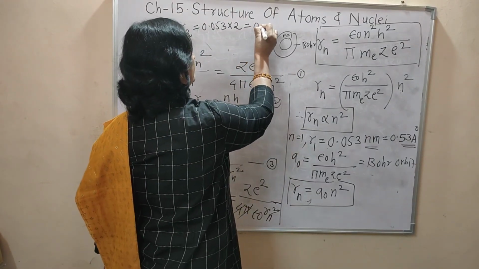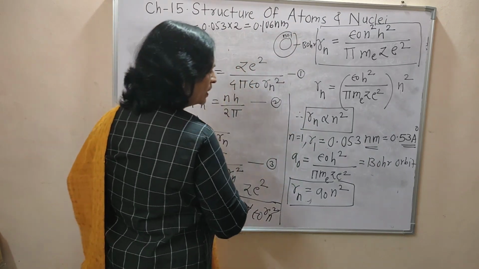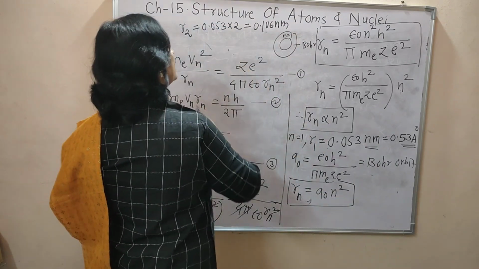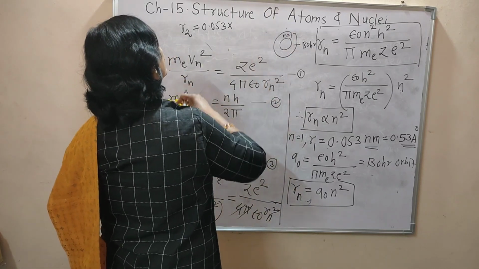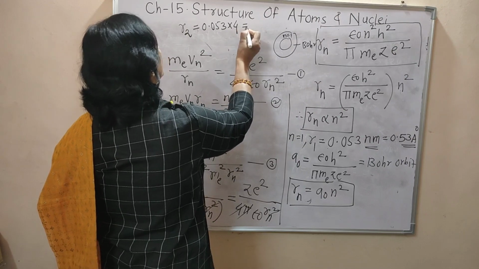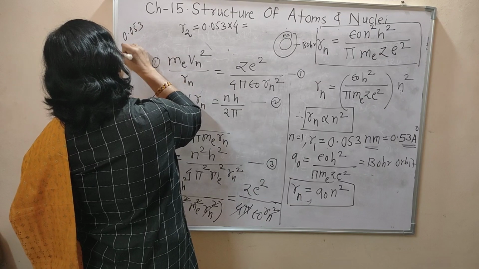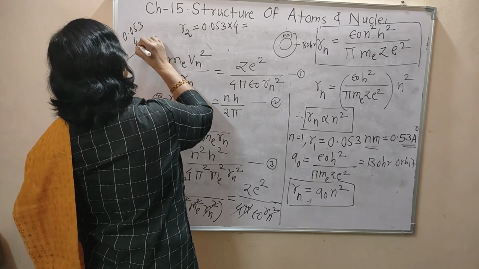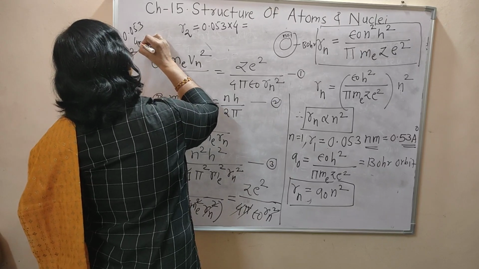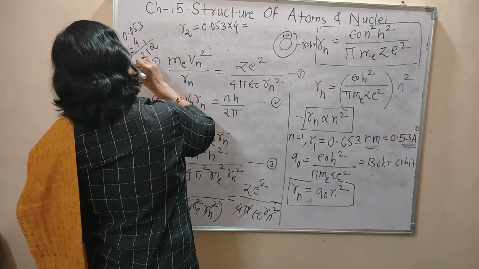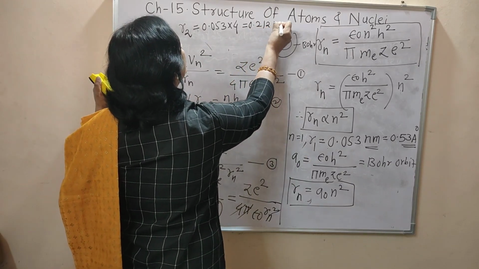that is 4. Then you can calculate 0.053 multiplied by 4, which is 0.212 nanometer.